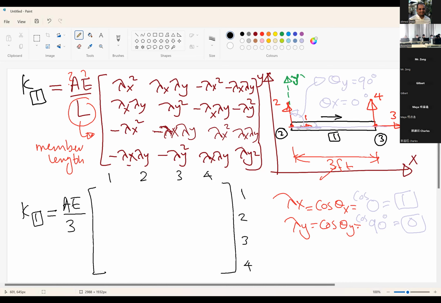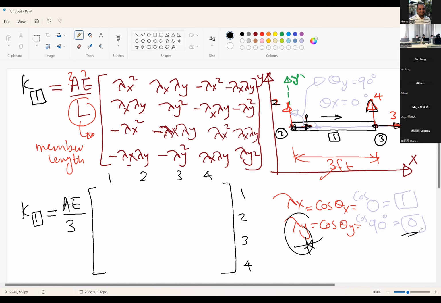So 1 and 2 are the deformation at node 2, and 3 and 4 are the displacement at node 3. This is how we number the matrix elements. For your information, anything multiplied by lambda y will be 0 because lambda y is equal to 0.